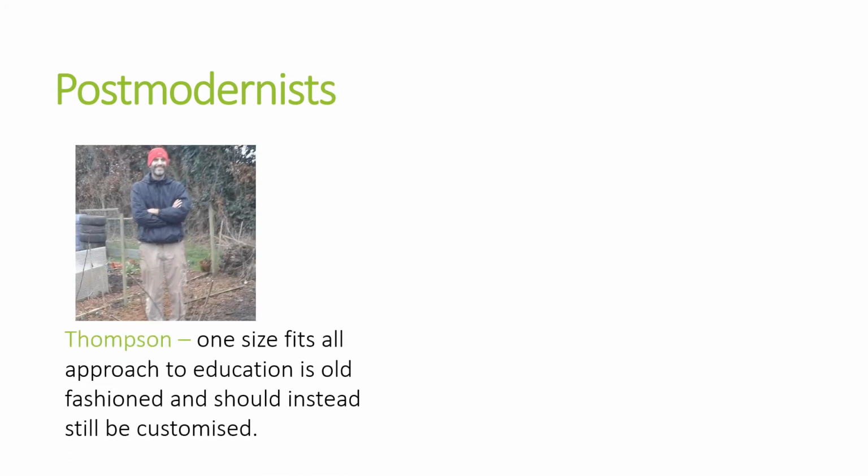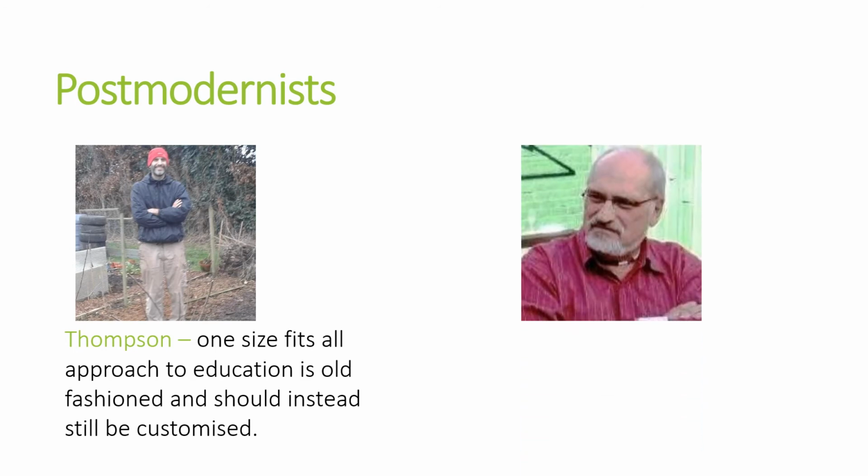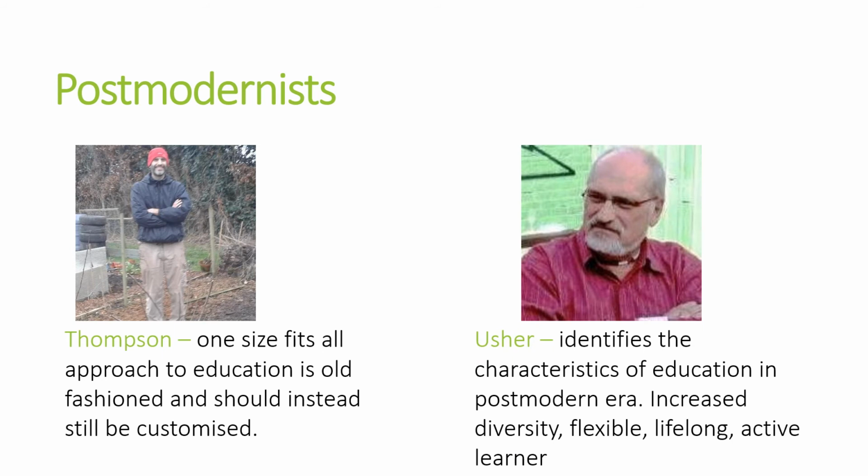So key postmodernists, you've got Thompson, who talks about the one-size-fits-all approach to education being outdated, and we should highlight this opportunity for customization in terms of maybe assessment, teaching styles, delivery of the course, flexibility in how you learn. And then we've also got Usher, who identifies the characteristics of education in the postmodern era. So again, being characterized by being diverse, being flexible, that learning is a lifelong process, and active learners are obviously really key in his view.